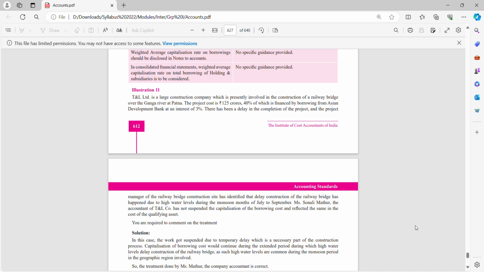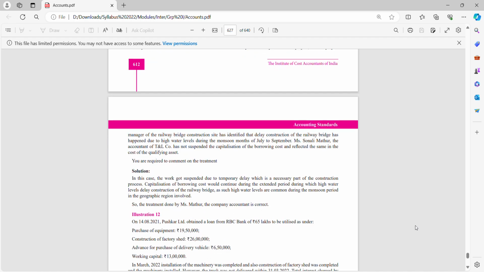Why has the delay happened? Due to high water levels. Now, Ms. Sonali Mathur, the accountant of TNL company, has not suspended the capitalization of borrowing costs. She has not suspended because of this delay. It is still continuing. So we are supposed to find out what is the amount.